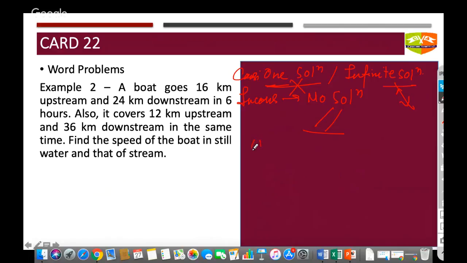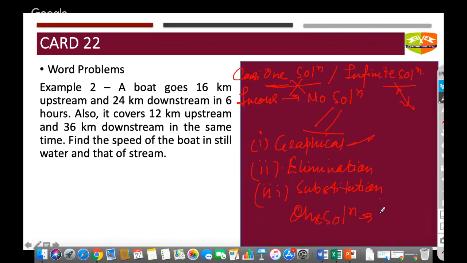Now I told you about graphical, elimination, substitution, and for the one solution case only, I told you about the cross multiplication method of solving the equations.